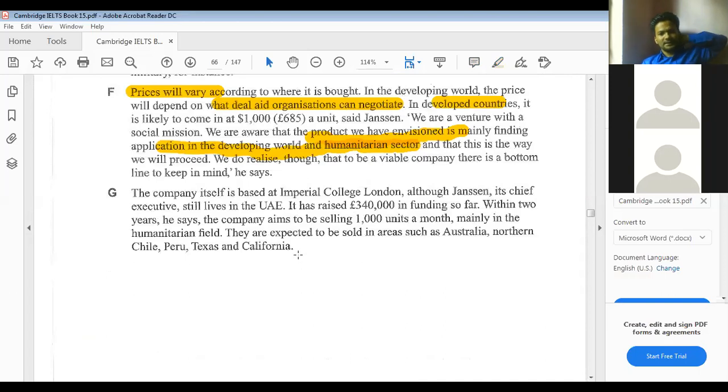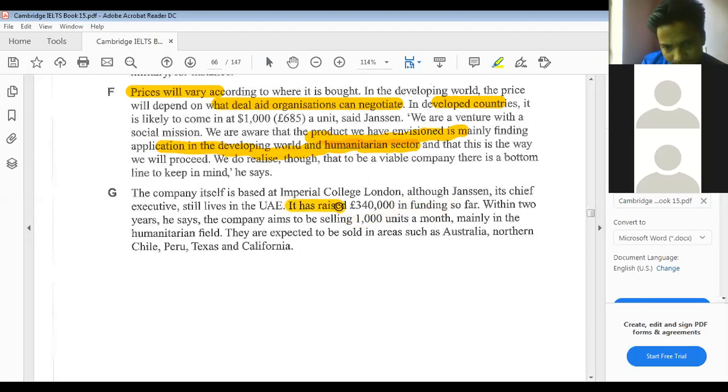The company itself is based at Imperial College London, although Johnson, its chief executive, still lives in the UAE. It has raised, means collected, 340,000 pounds in funding so far. It means collection of money.